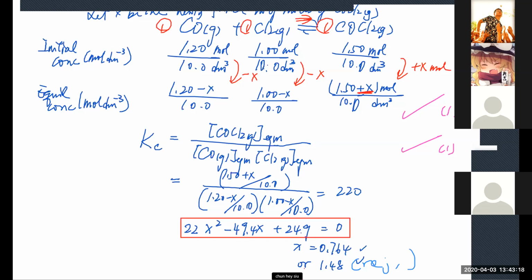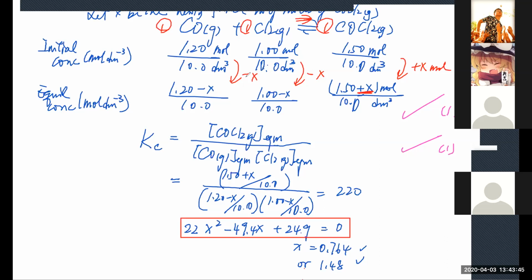Somebody says that you need to reject 1.48. Why? Again, now please check the data. It's not plus, it is something minus, right? You cannot subtract the data which is more than the initial number of moles of the reactant. Can you see that?